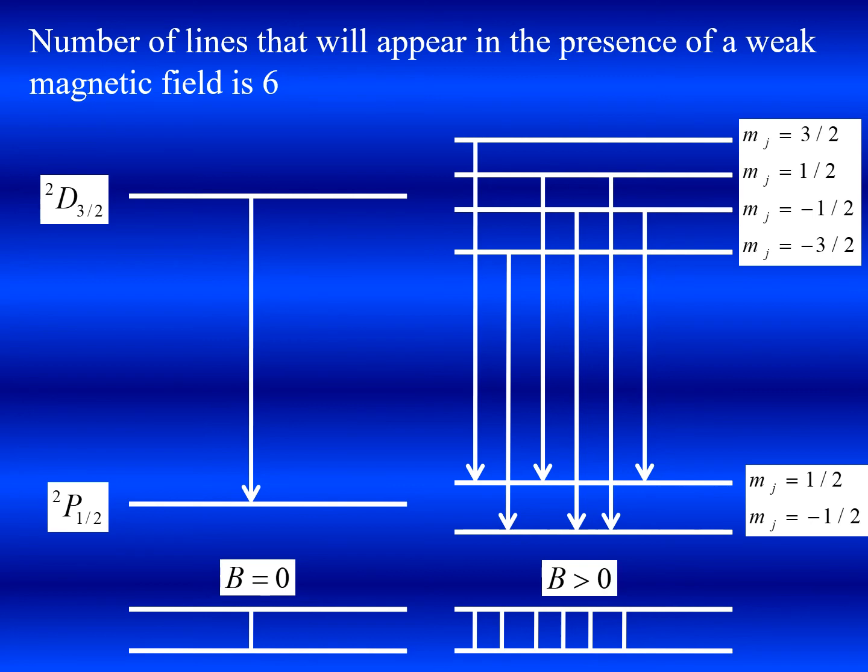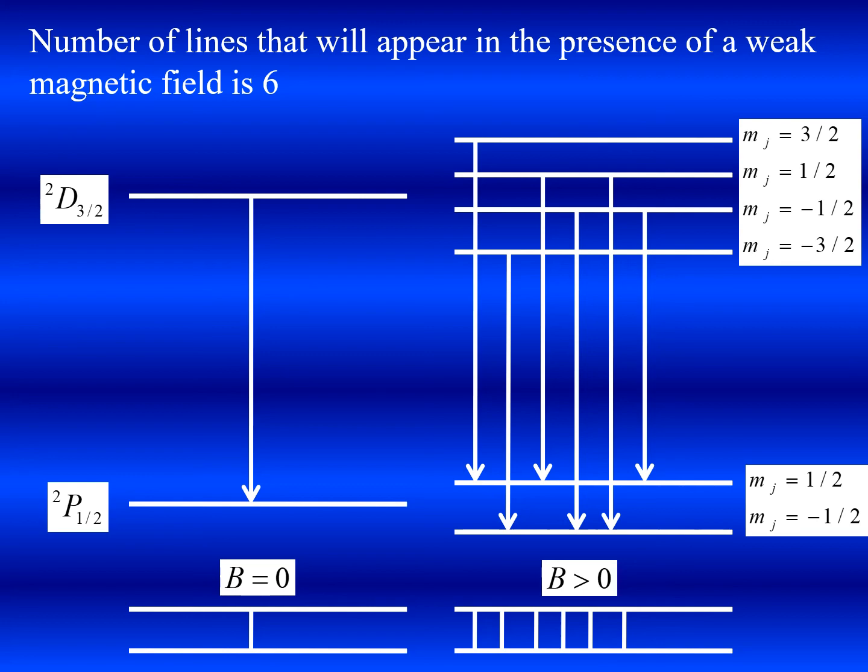Generally, D to P without a magnetic field gives only one single line. When it appears in a magnetic field, when B is greater than 0, there are transitions from Mj equal to 3/2 to Mj equal to 1/2, Mj equal to minus 3/2 to Mj equal to minus 1/2, Mj equal to 1/2 to Mj equal to 1/2, Mj equal to minus 1/2 to Mj equal to minus 1/2, Mj equal to 1/2 to Mj equal to minus 1/2, and Mj equal to minus 1/2 to Mj equal to 1/2. So we get 6 different lines.